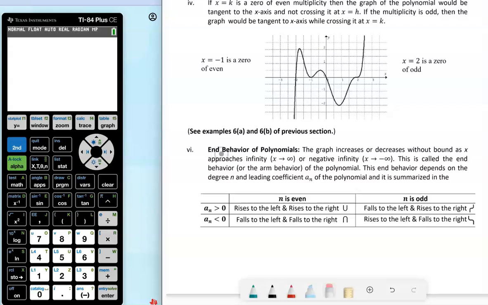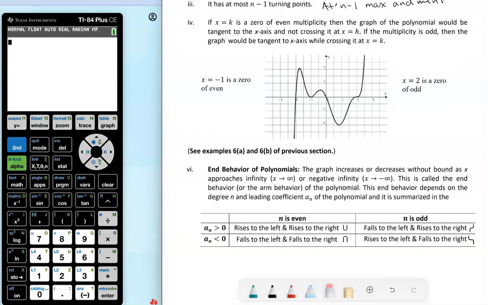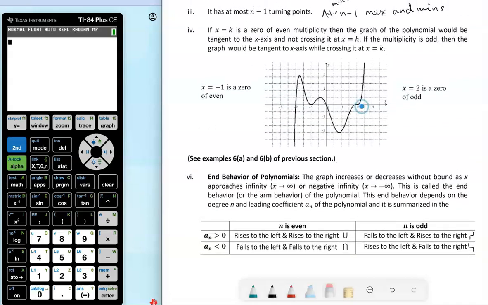End behavior is something we haven't really discussed a lot. The graph increases or decreases without bound as x approaches infinity. So to put that into perspective, this x-axis only goes between -4 and +4. That's all it goes through.